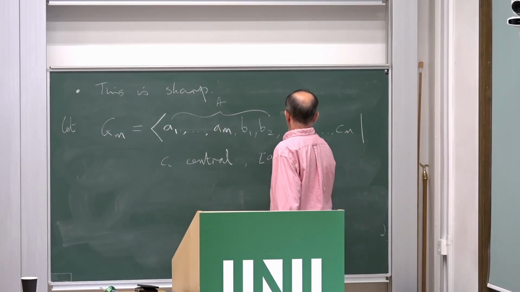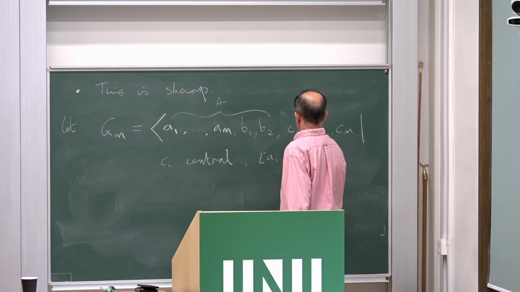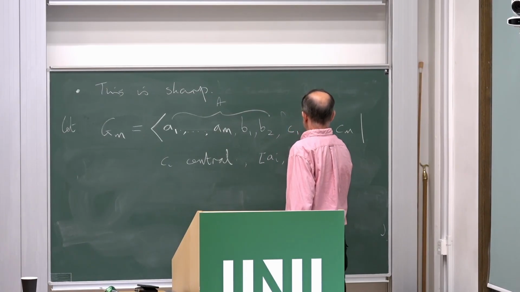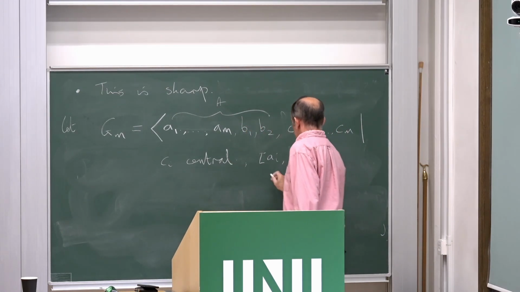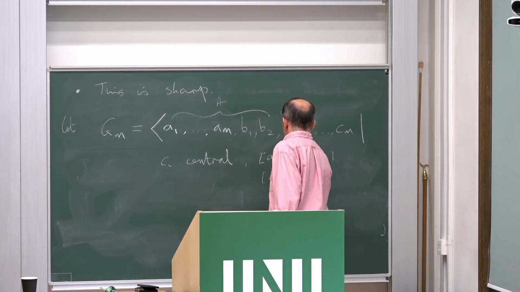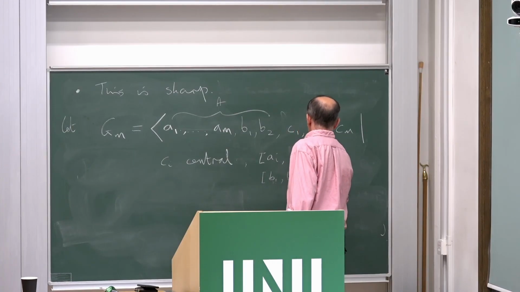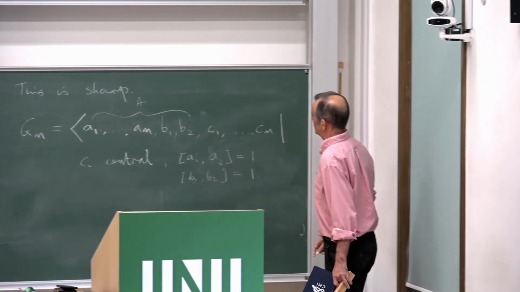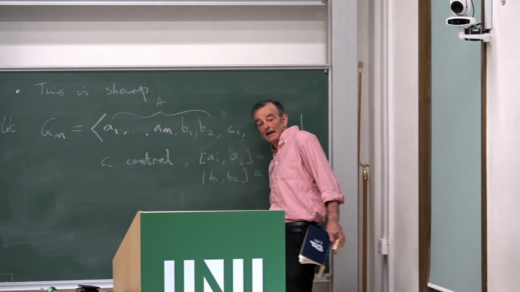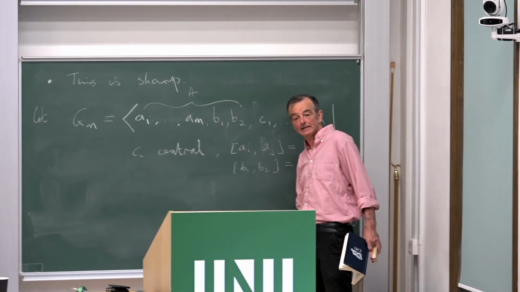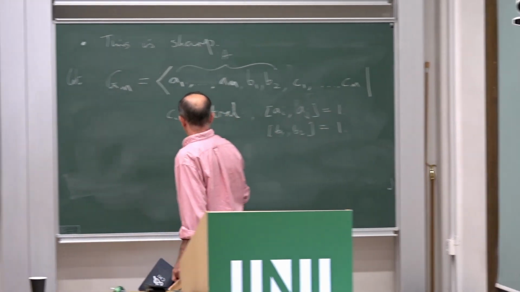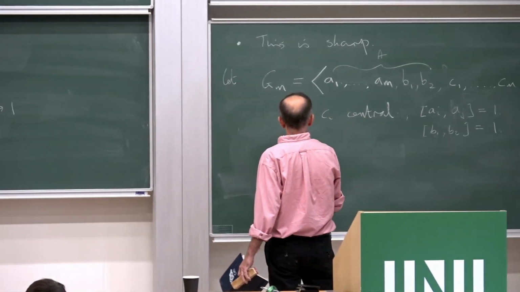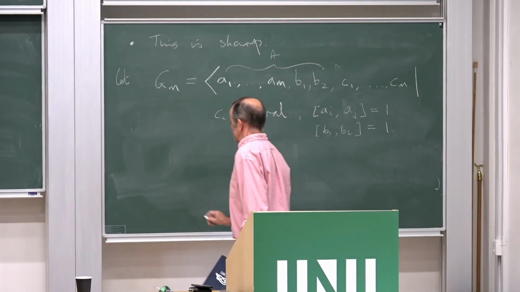So the Ai commute with the Aj, they don't do anything. B1 and B2 commute. Okay, but something had better happen between the A's and the B's to make this a non-trivial central extension, which I'm going to write down here in a second. But first, let me tell you what the conclusion is.